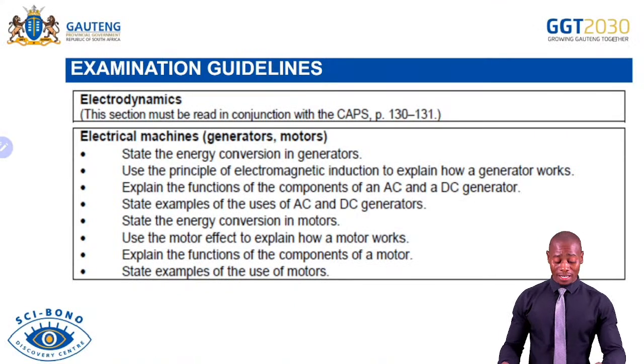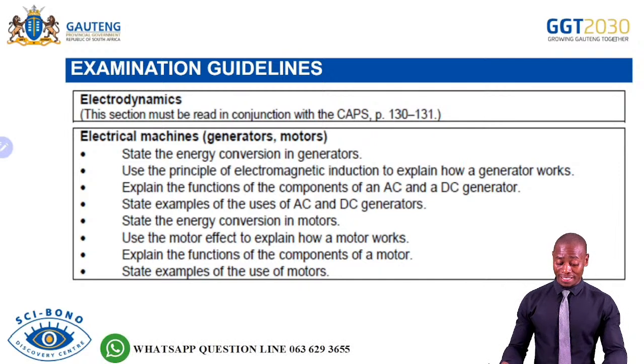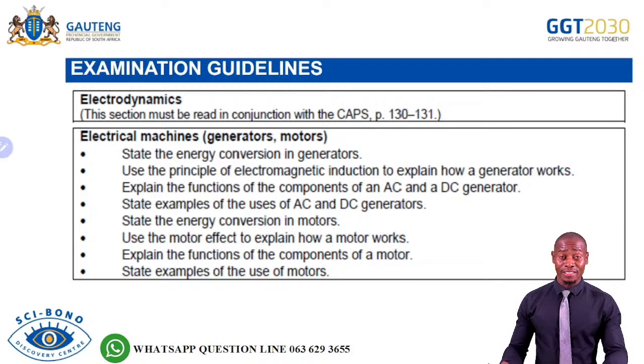When it comes to your examination guidelines, you are familiar with this. This is what you need to know under electrodynamics. State the energy conversion in generators. Use the principle of electromagnetic induction to explain how a generator works. Explain the functions of the components of an AC and a DC generator.